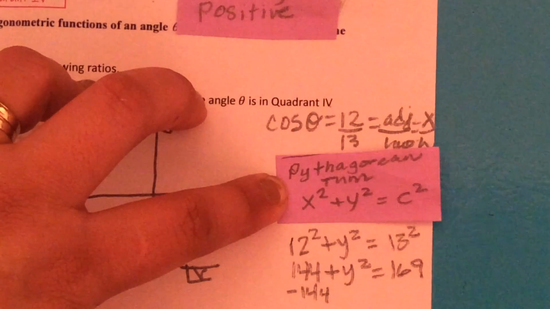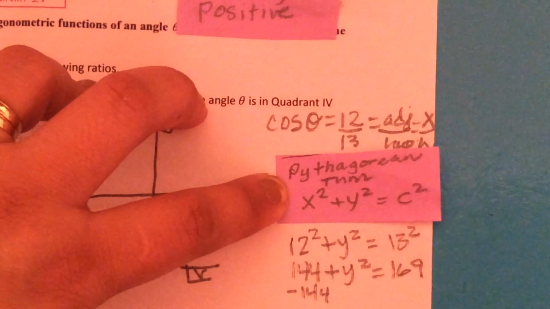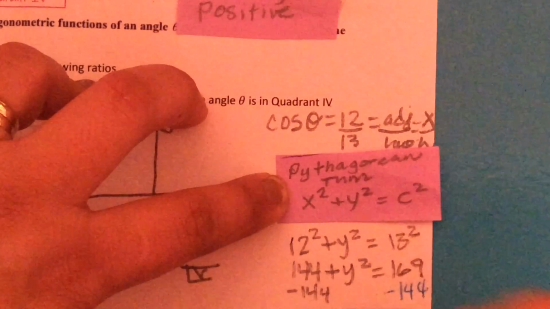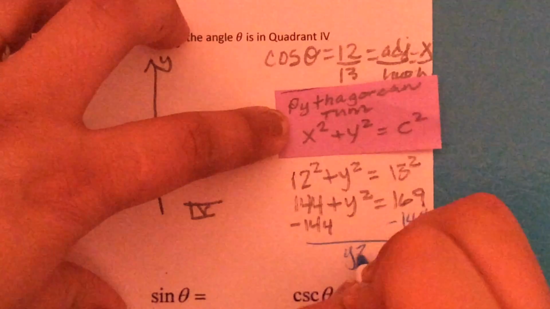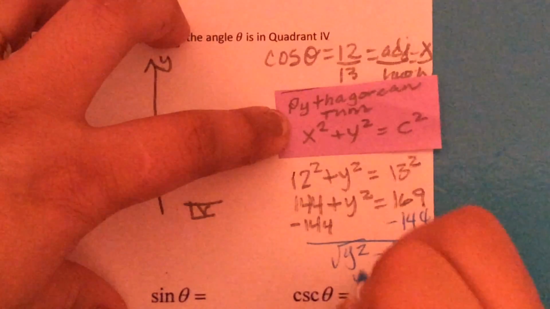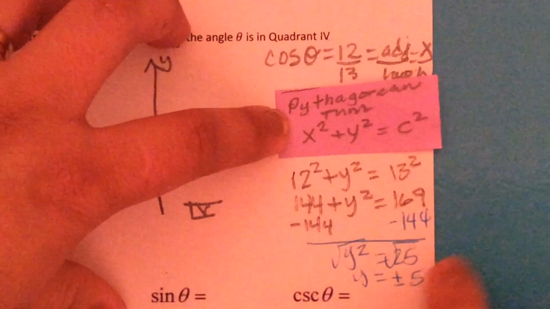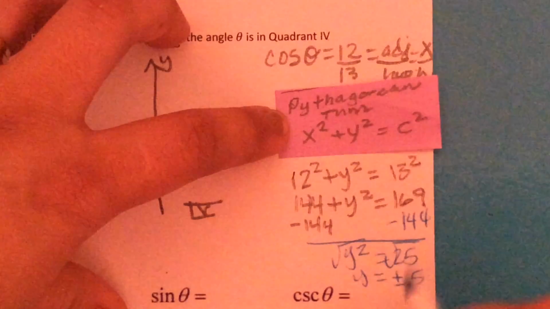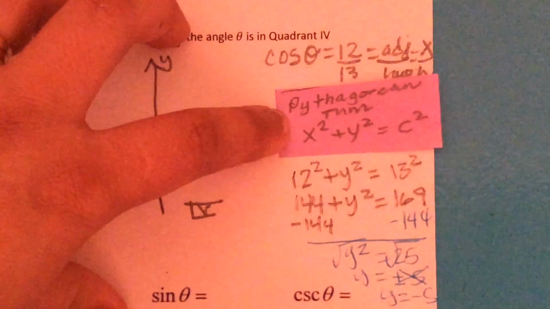Okay, subtract the 144. Let me get a pen going here. So then y squared is going to be 25. And then you take the square root. And really, you do have plus or minus 5. But we know that the y is negative in the fourth quadrant. So we have to choose y equals negative 5, not the positive 5.